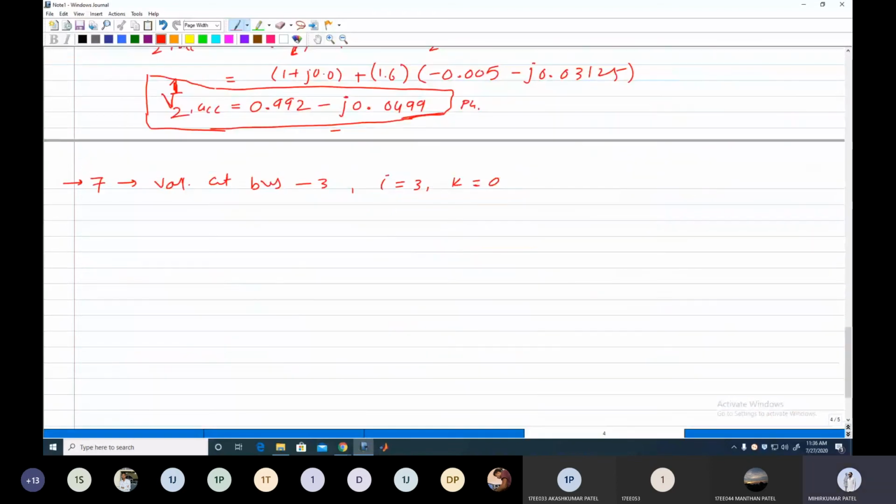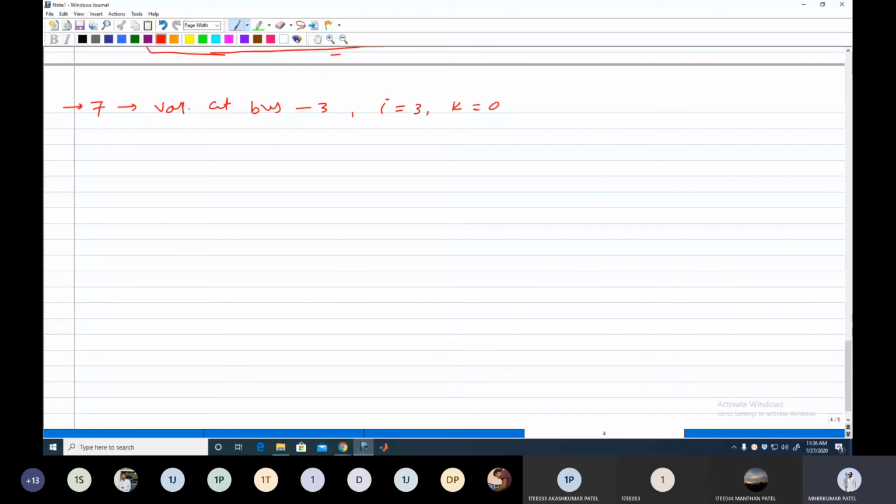You have the equation number A, the generalized equation for voltage at the ith bus. From that, write down the equation for voltage at bus number 3 with the condition k is equal to 0. Who will help me write the direct equation for V3 at first iteration?